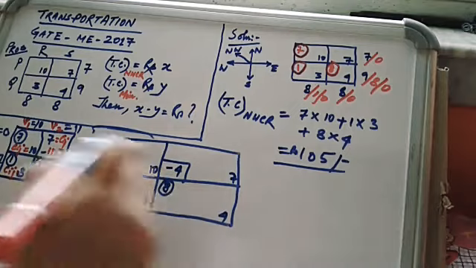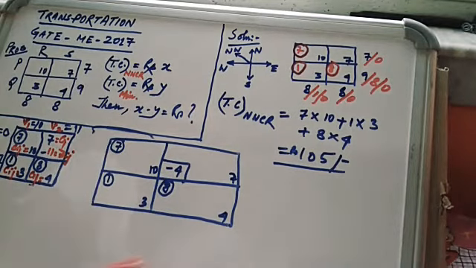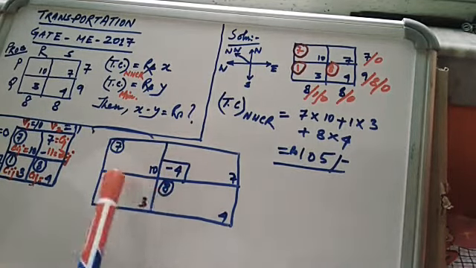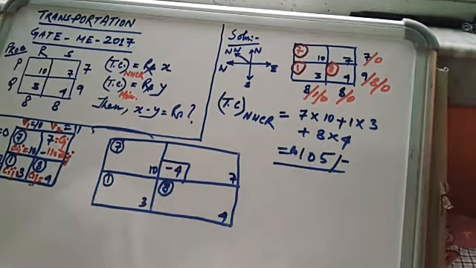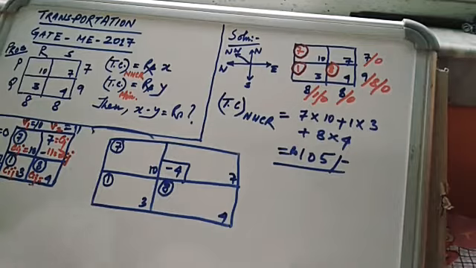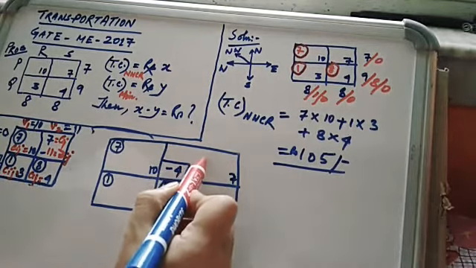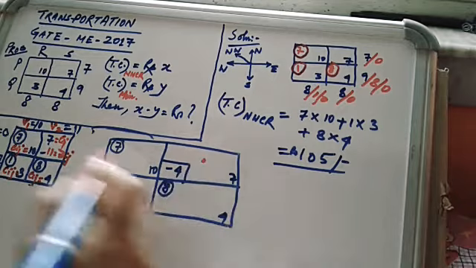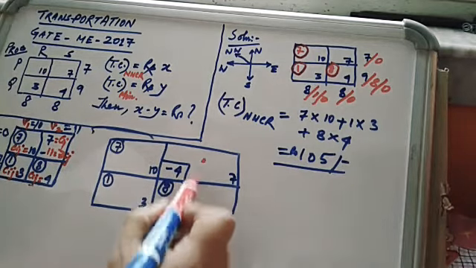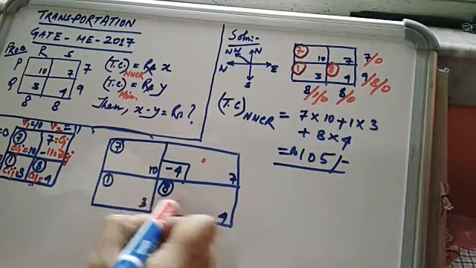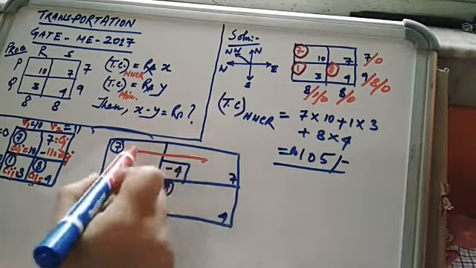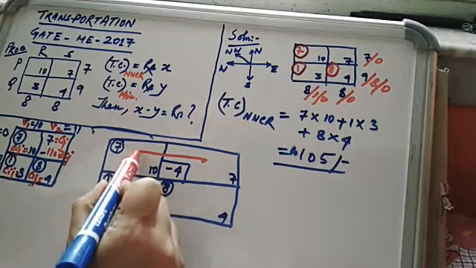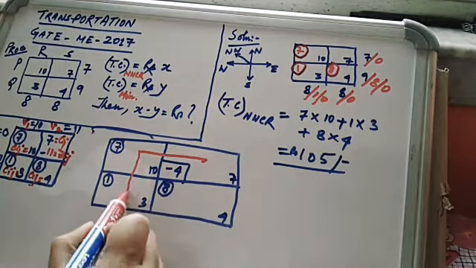So you have to find the most negative value in the given decision matrix, which is minus 4. After getting the most negative value, you have to construct a loop, starting from the most negative cell, this one. You have to construct either vertical or horizontal lines to make a loop, and you must make sure you have touched all the allocated cells.